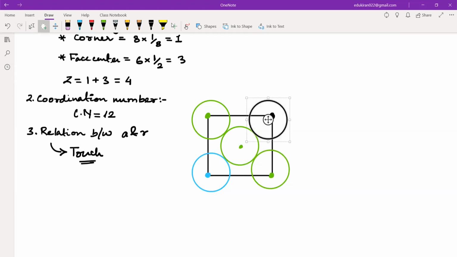Situation will be something like this, right? Yes or no? Yes, sir. Correct. And we can say that we are interested in these three atoms.